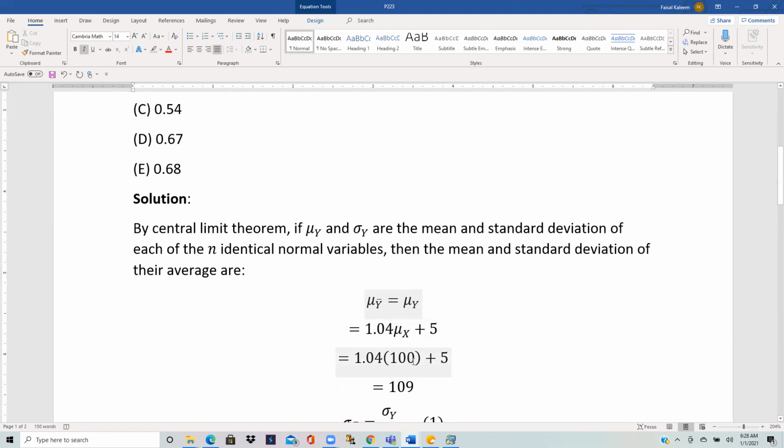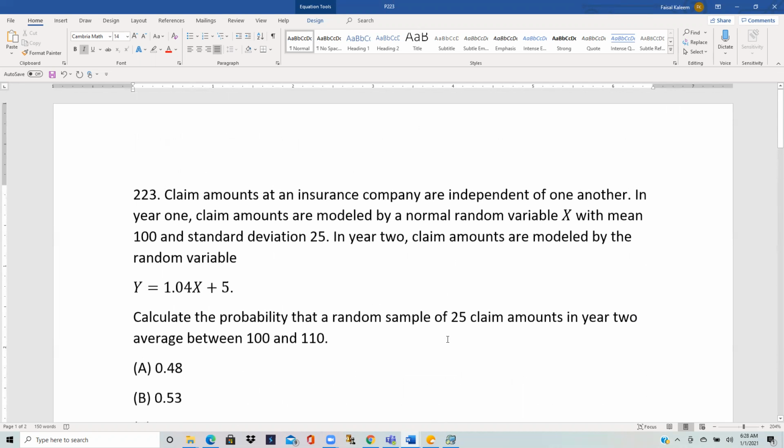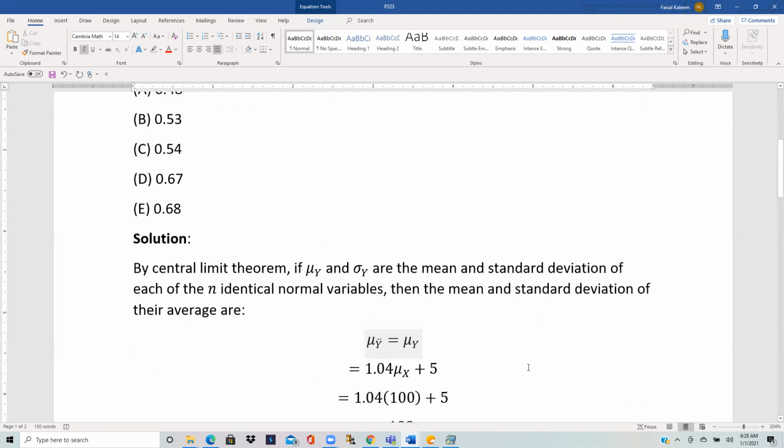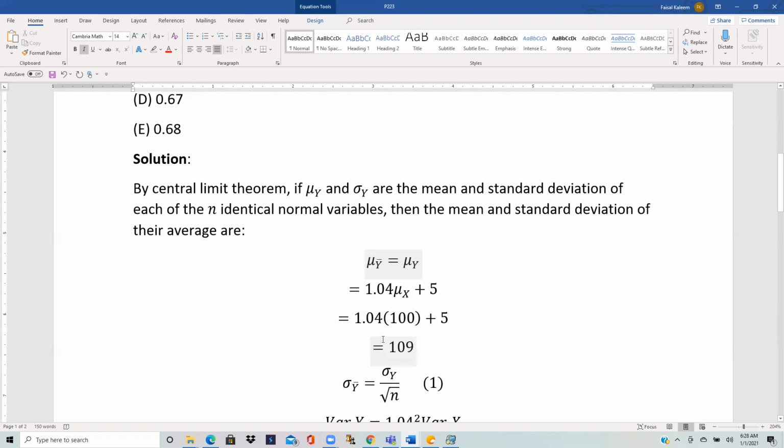We're told that the mean of X is 100 and the standard deviation is 25. So mu of Y bar comes out to be 109.